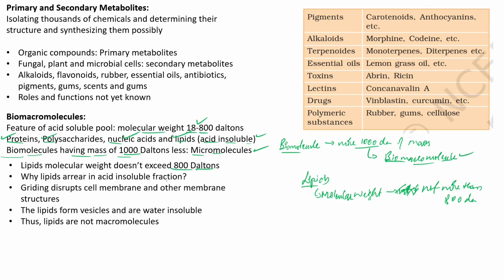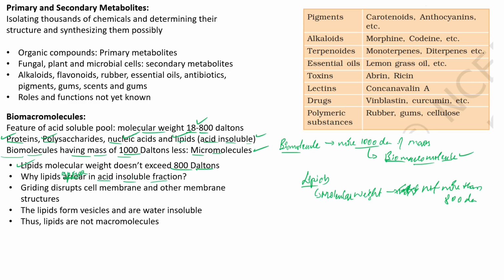But just a moment ago, we said that any molecule having more than 1000 Daltons of molecular mass is called a biomacromolecule. Then why are lipids an exception to this rule? They also appear in the acid insoluble fraction.